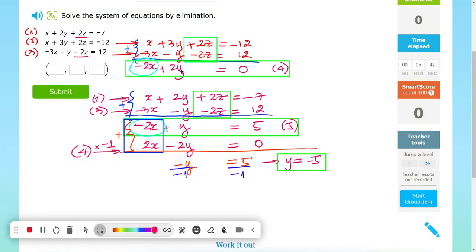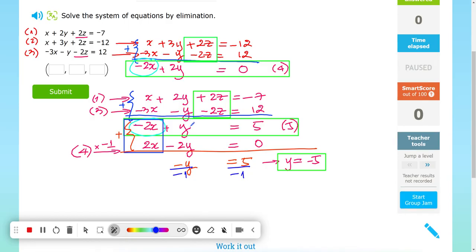Okay, so we will look for the value of z last. Okay, so here I can go, ooh, number 5 lines up beautifully, so I could substitute the y to find the x, so it doesn't matter. So I can go to equation number 4. All right, let's use equation number 4 then.